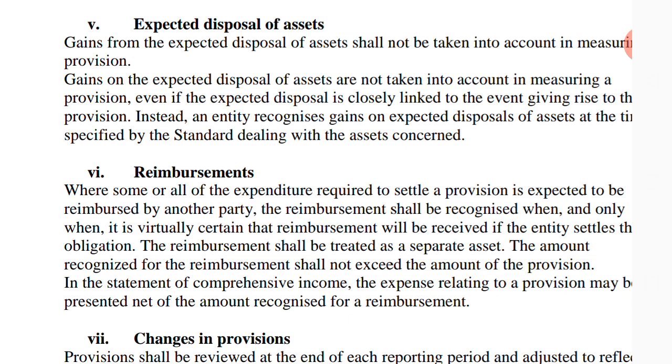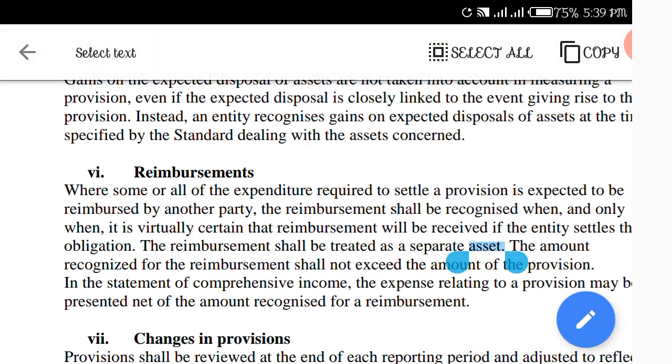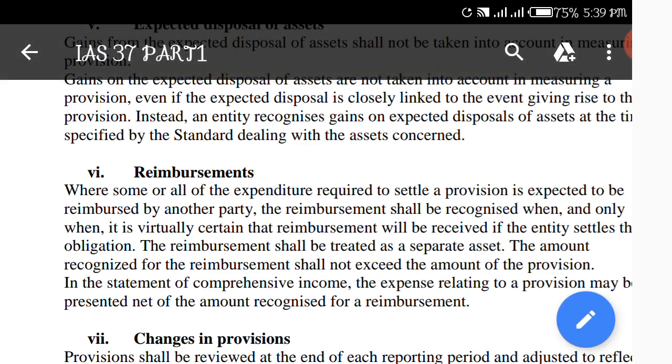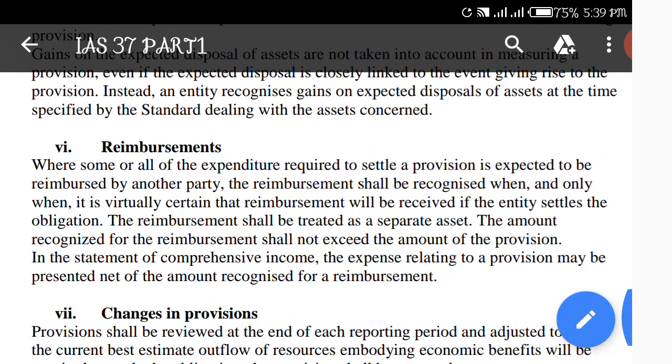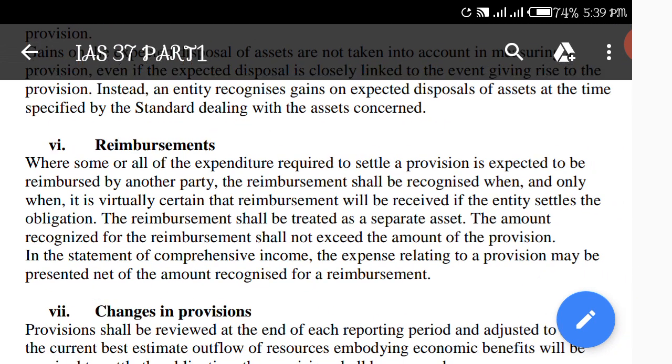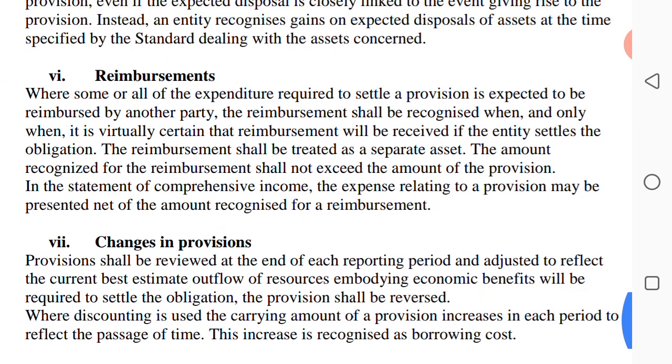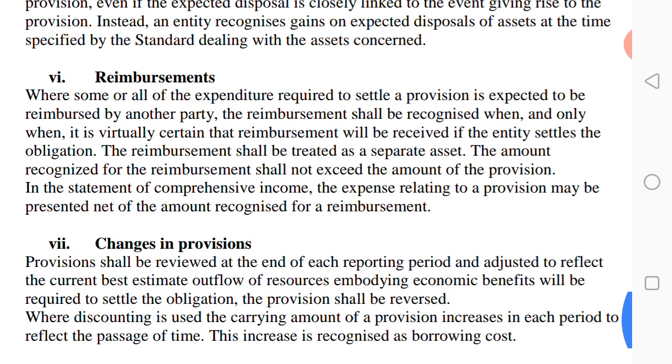Instead, an entity recognizes gain on expected disposal of assets as specified by the standard dealing with the assets, which is IAS 16. So when it comes to disposal of assets, you don't follow IAS 37.